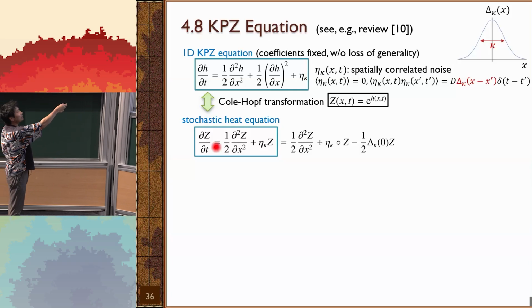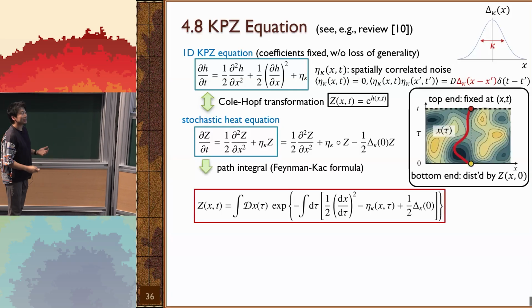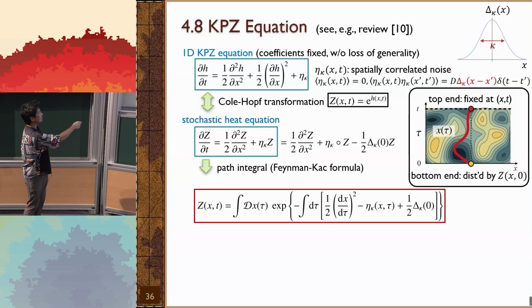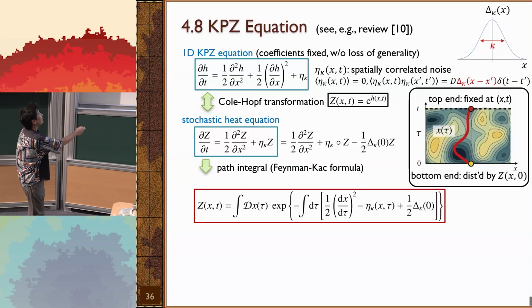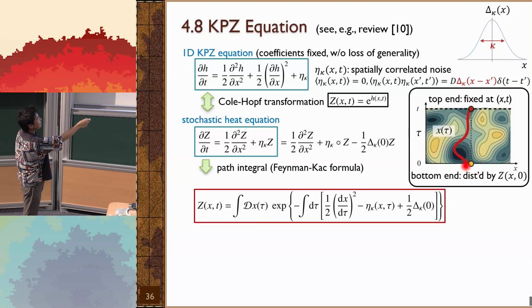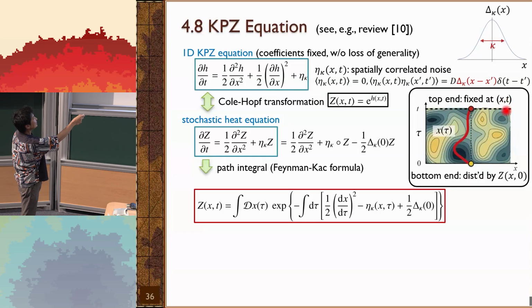If we apply that to this equation, we get this path integral formula for Z. Here, x of tau is a path like this. This path should end at position x and time t, which are the arguments of this Z. And the lower end point of the path is distributed according to the initial condition of Z.